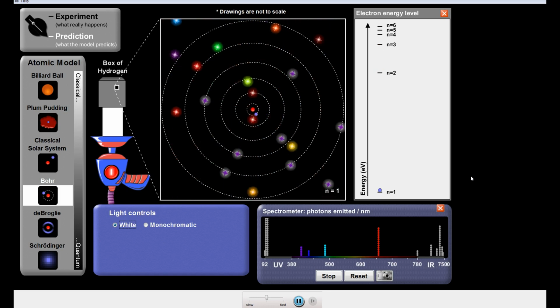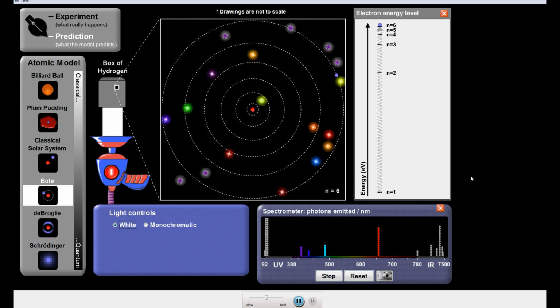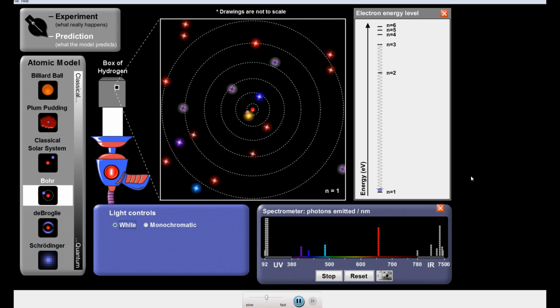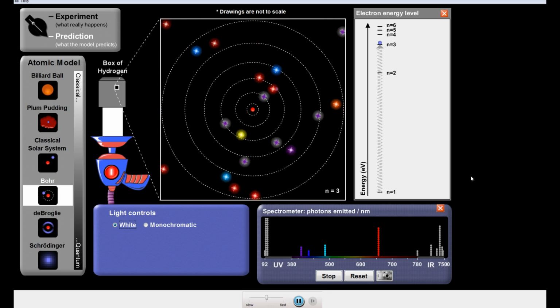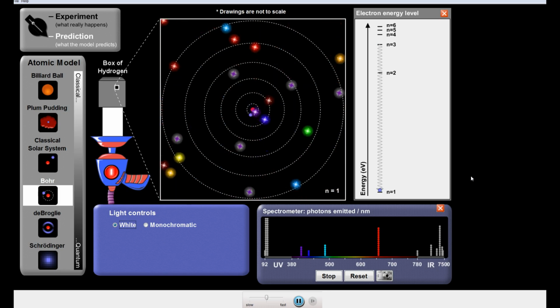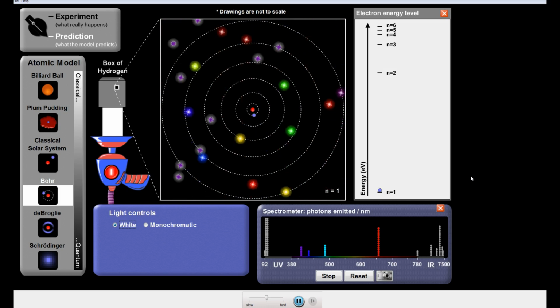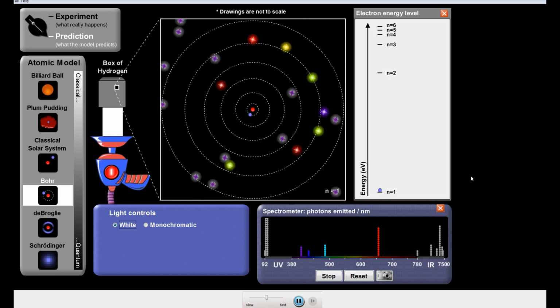What you'll also notice is that the arrows represented in the energy level diagram are waves, and they're meant to represent to some degree the nature of the wavelengths and frequencies of the photons going in and out.